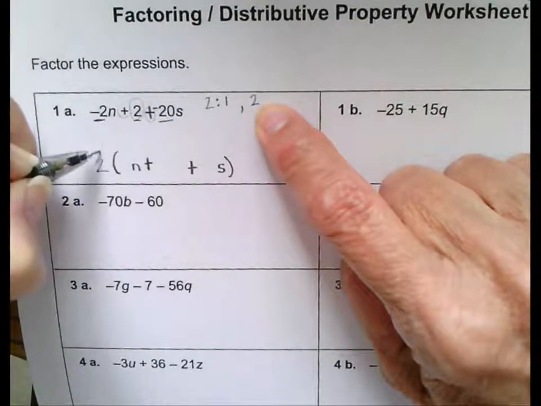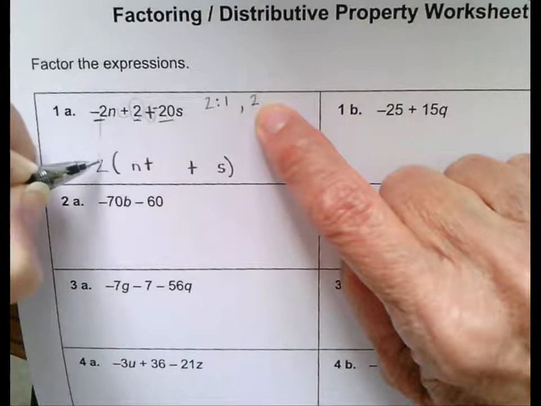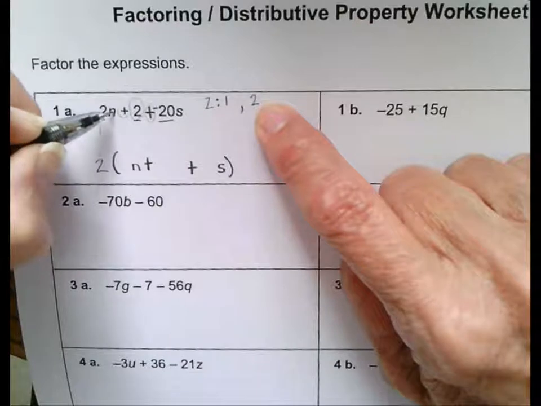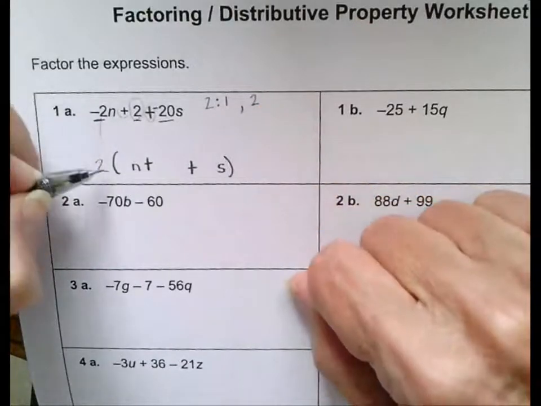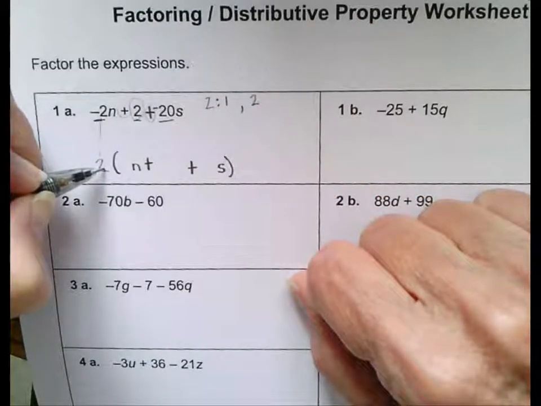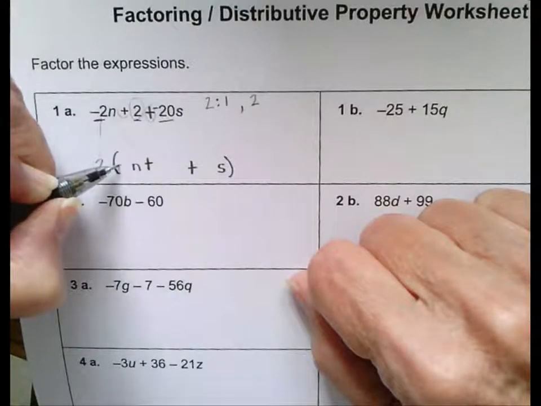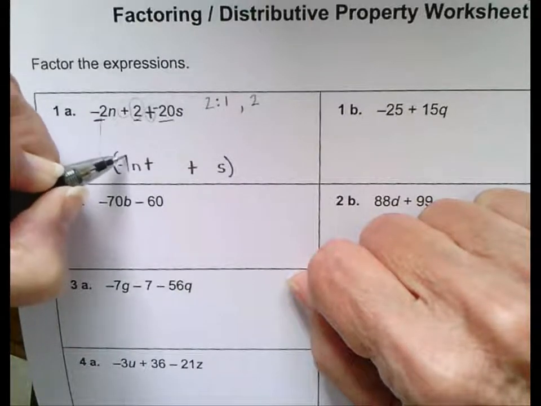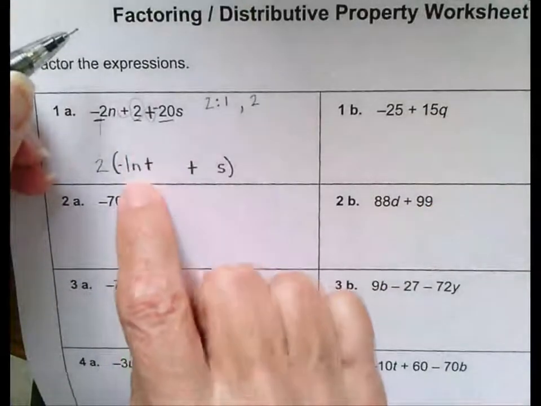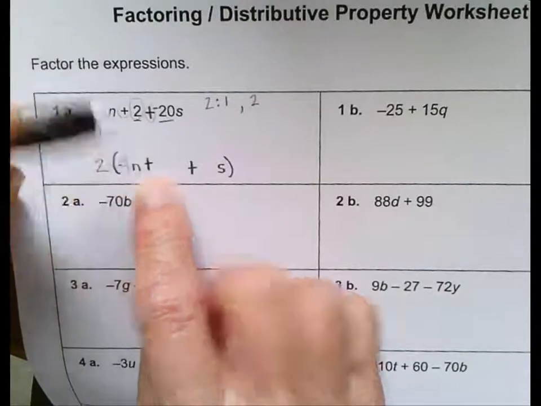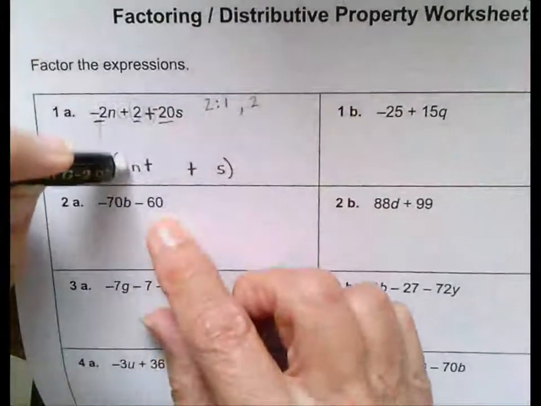Once I have it out here, I'm just going to ask myself, what do I multiply 2 by to get a -2n? When I use the distributive property, that would have to be a -1n. Now, you don't have to write the 1 there. You can just write a -n. But writing the 1 there is okay.